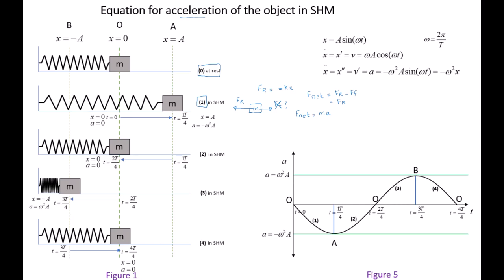So if I combine the two equations, I get F net, which is equal to Fr, will be equal to m times a. So if the restoring force is high, which is at the extreme, then the acceleration will also be high. That's the reason acceleration is always high at the extreme point.